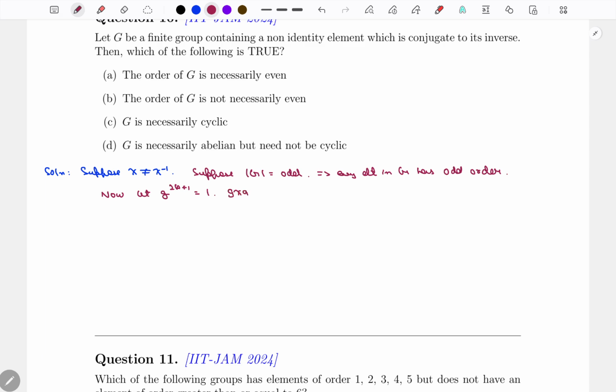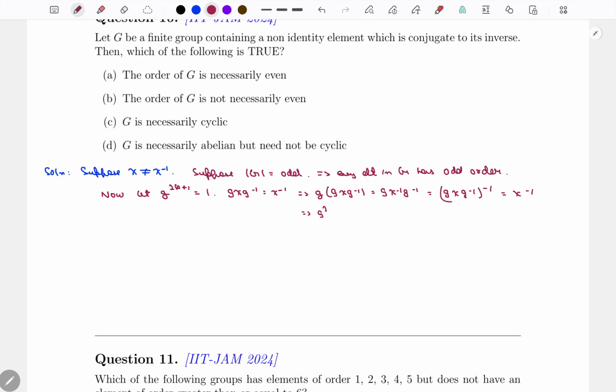So we have g x g inverse is equal to x inverse. If I conjugate by g one more time, what do I get? I get g of g x g inverse, which is g x inverse g inverse. This is nothing but (g x g inverse) whole inverse, which is x inverse.